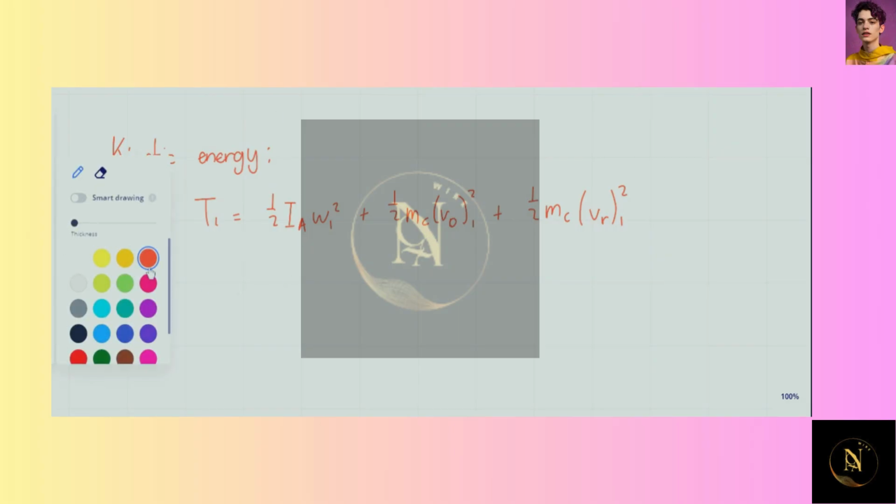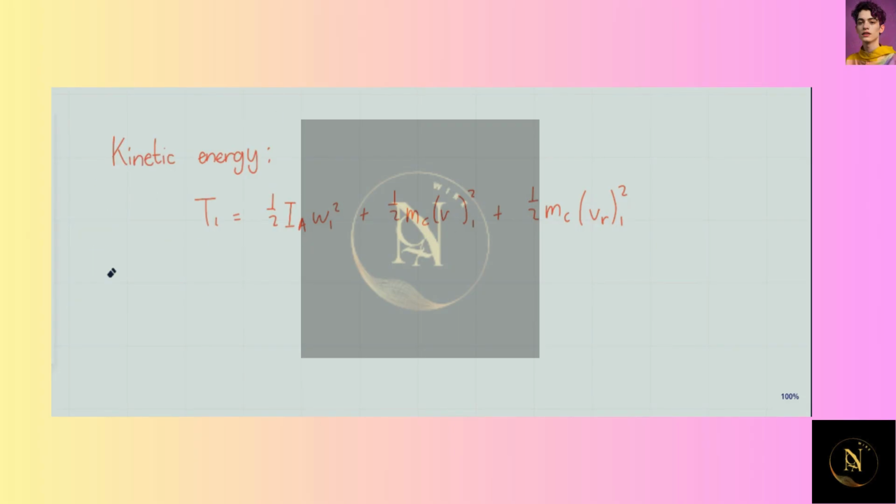So this is half M_C and the component V naught squared plus a half M_C V_R squared in position 1.